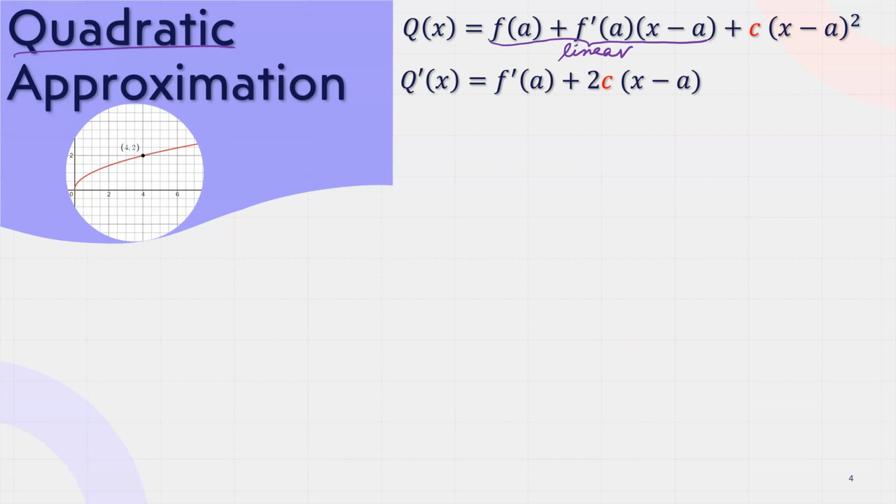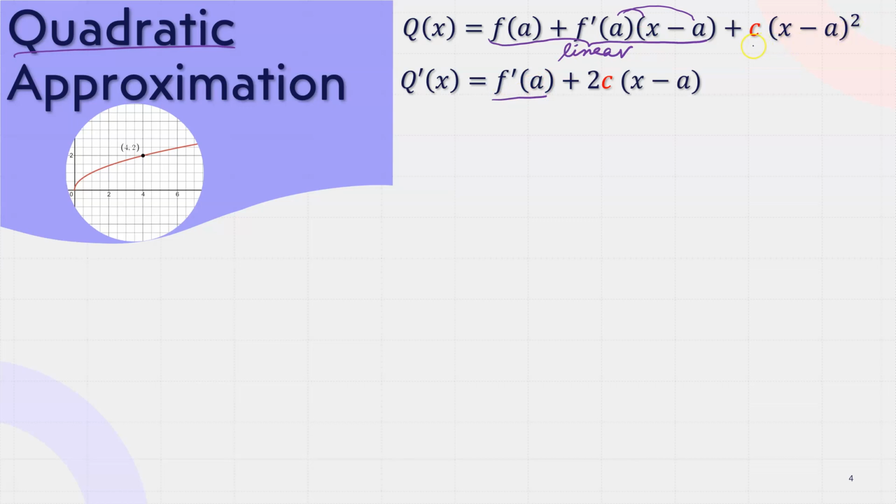The first derivative: the derivative of f of a, the constant, is 0. And the derivative of f prime of a times x, if you think about distributing this out, you'll have f prime of a times x, and the derivative of that will just be f prime of a.